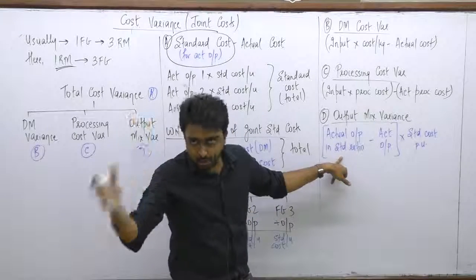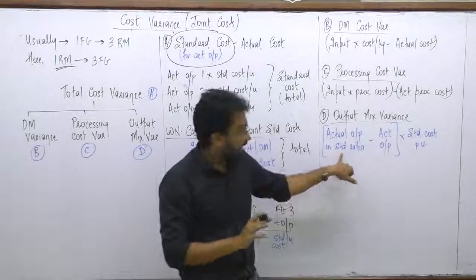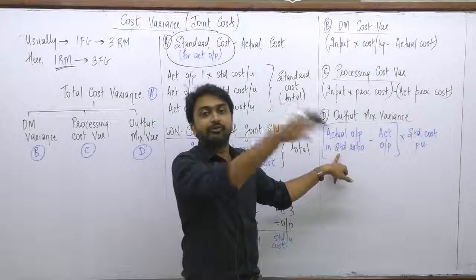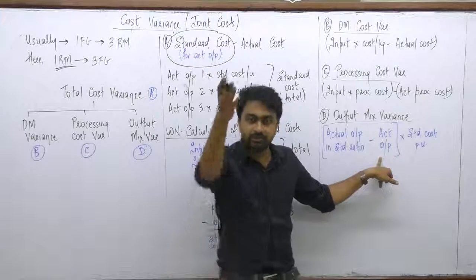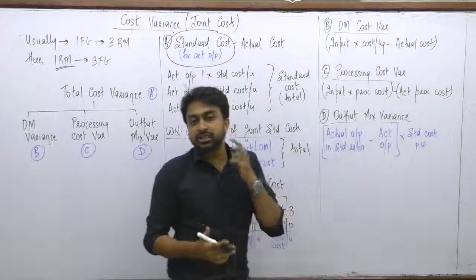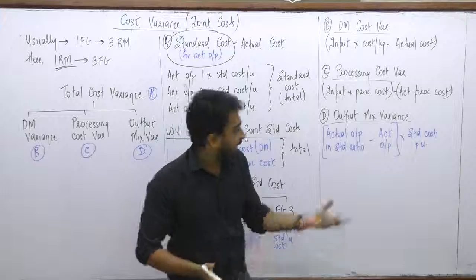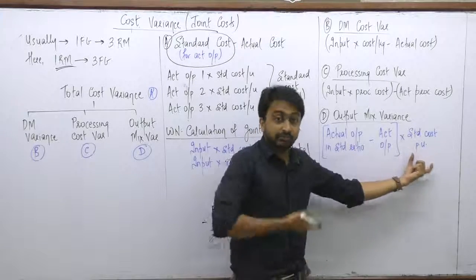So I will take the actual output, I will use the standard output mix, I will get the output mix that should have taken place minus my actual respective outputs being FG1, FG2, FG3. This will give me the difference in the output quantities, and the respective difference in the output quantities into my standard cost.